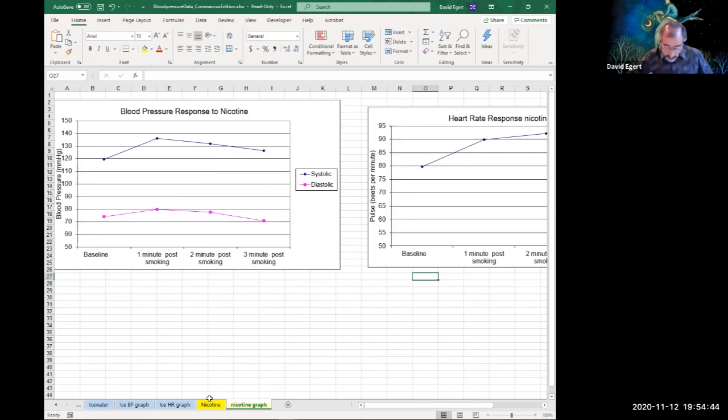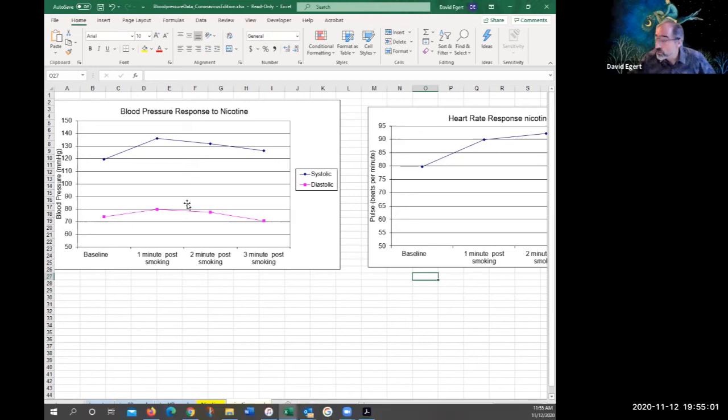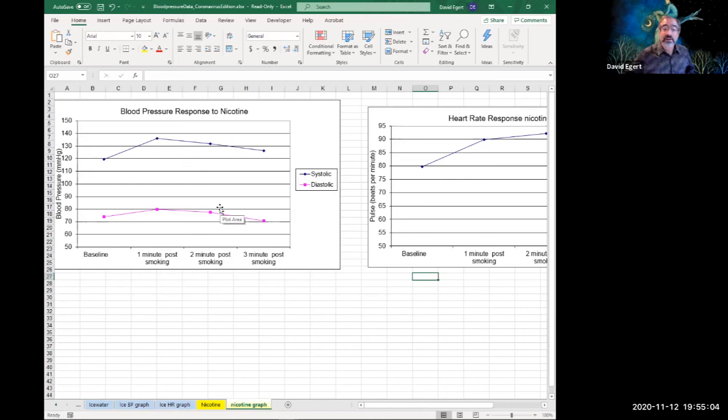Again, in your write-up, it's just describing what you see and why you think it makes sense. I guess that's it. Any questions about that?